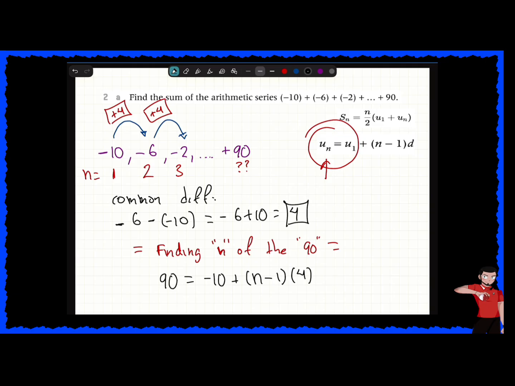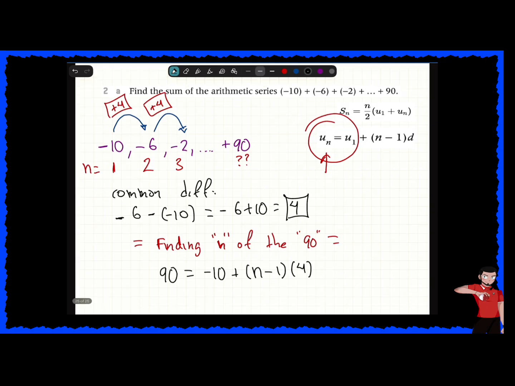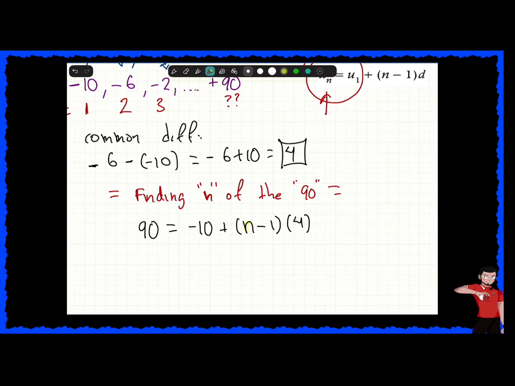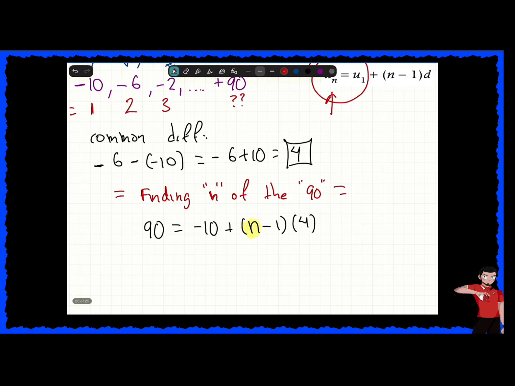Then what else? Here comes a trick. Our goal is to isolate the n, because it means position. So we can do some algebra. What we are going to do is to multiply n times 4, and then the negative 1 times 4. So pay attention. 90 is minus 10 plus n times 4 for n, the negative 1 times 4 minus 4.